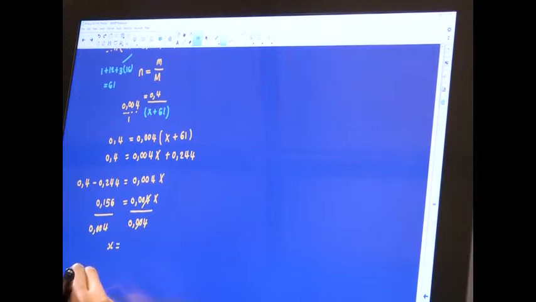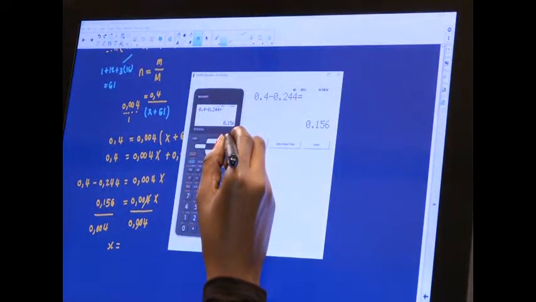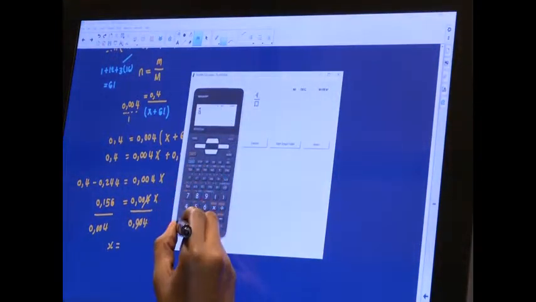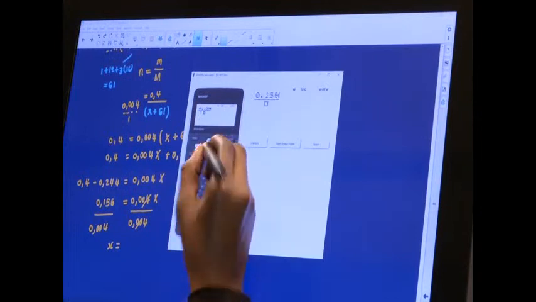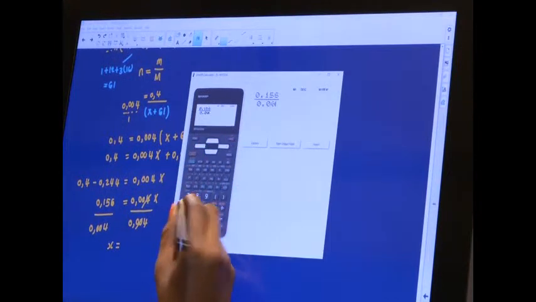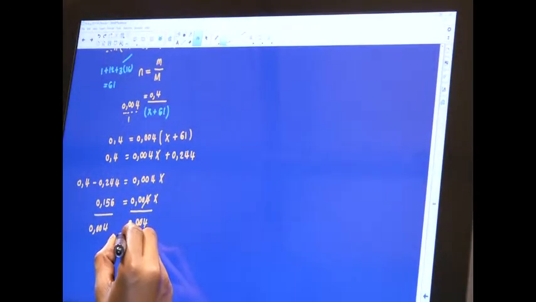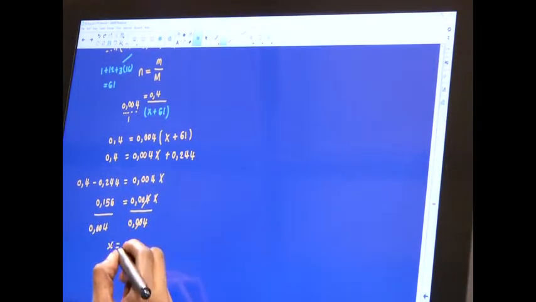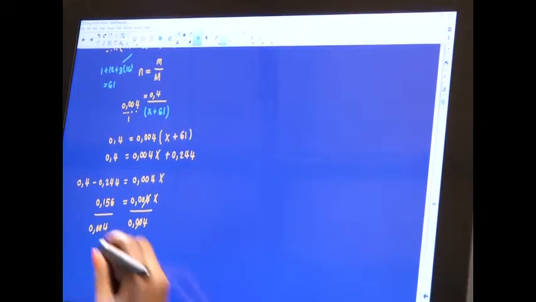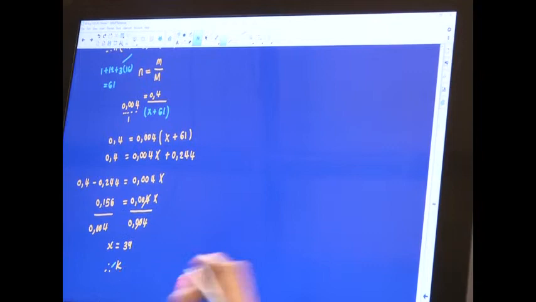And let's see what x is. Let me do it again. I'm going to have 0,156 divided by 0,004. Let's see what we get there. Oh, I get 39. And if I am not wrong, 39 on the periodic table is then K, which is potassium, which means the unknown element K is potassium.